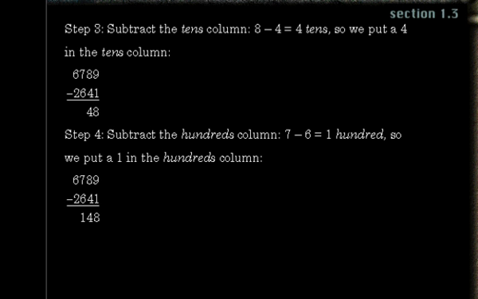Step 3. Subtract the tens column. 8 minus 4 equals 4 tens, so we put a 4 in the tens column. Step 4. Subtract the hundreds column. 7 minus 6 equals 1 hundred, so we put a 1 in the hundreds column, like this.